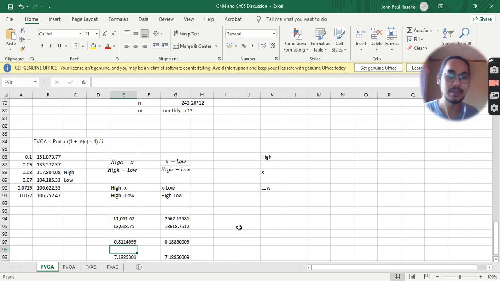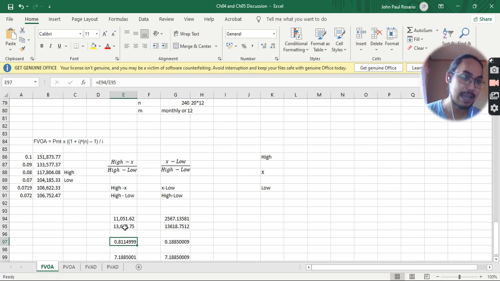Now, what is your constant in this method? Your constant here is your high. So meaning high occurred twice. So meaning you have to either add the 0.81 to or deduct it from your high. So your high here is 8% because this is your constant, right? This is the factor that occurred twice.